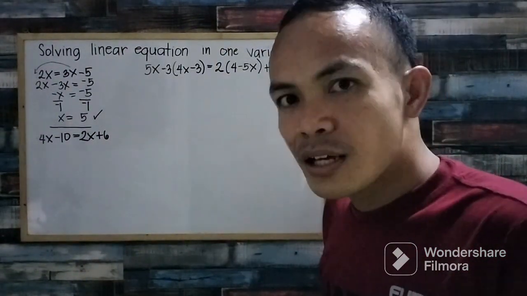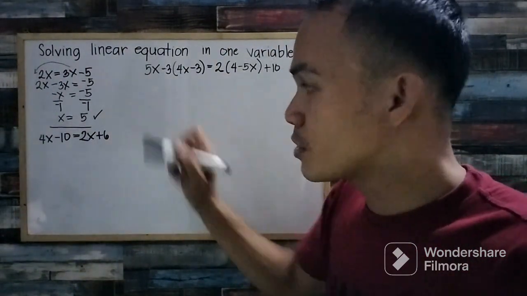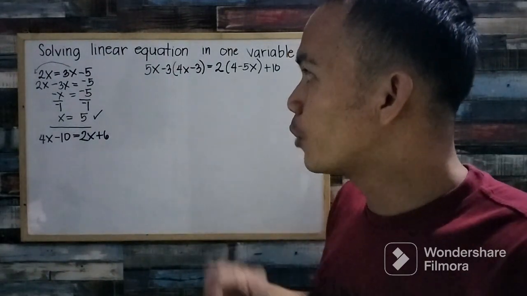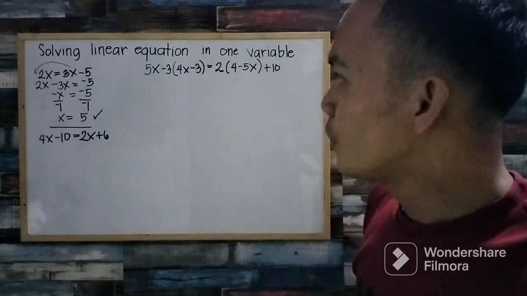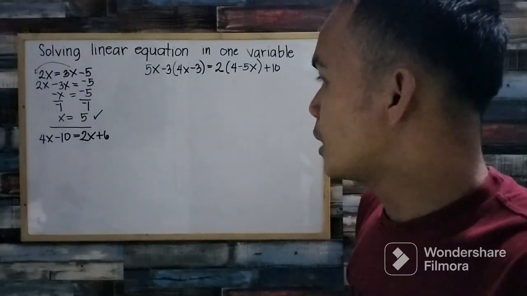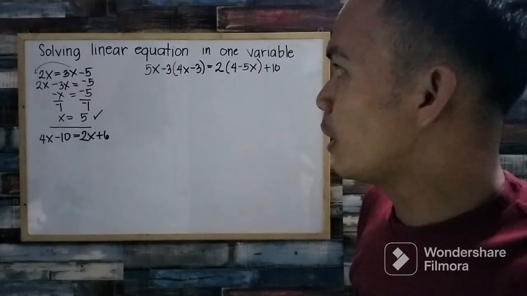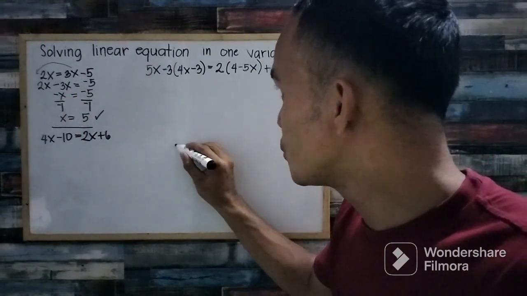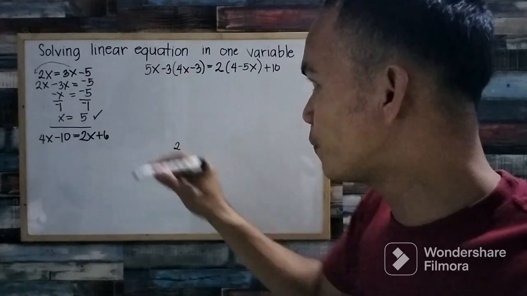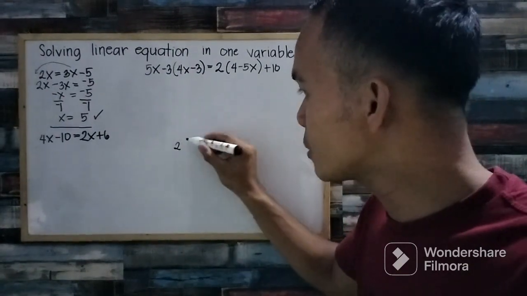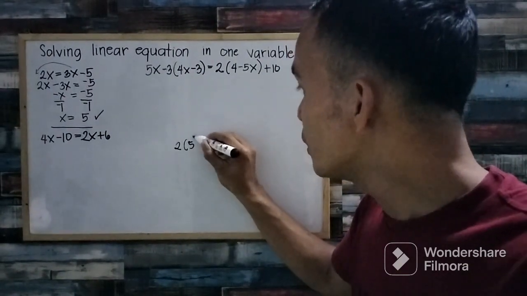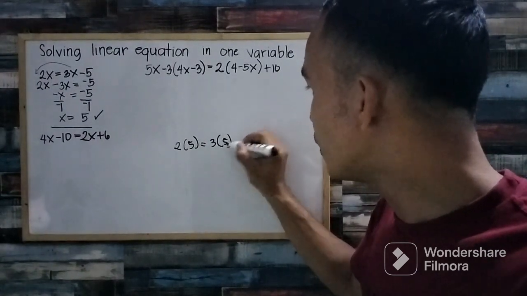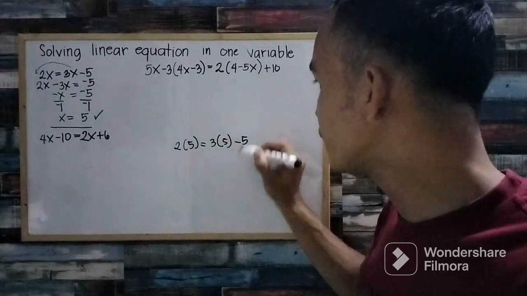Alright, let us check if our answer is correct. If 5 is really the solution. How are we going to check that? Of course, we have to substitute the x there by its value, which is 5. So that is 2x. So instead of writing 2x, that is 2 times 5 is equal to 3 times 5 minus 5.